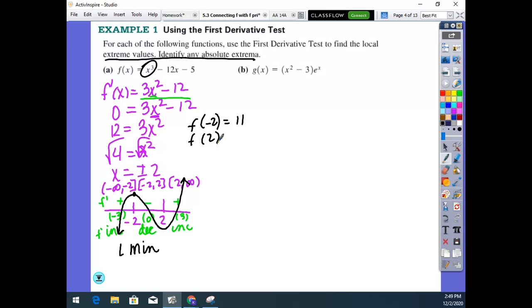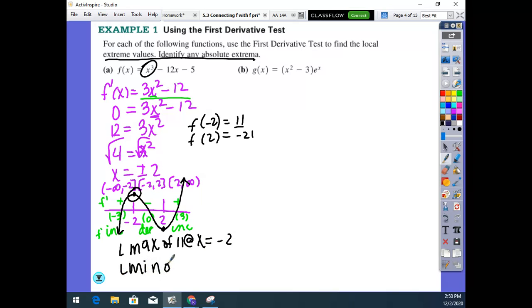And if I plug +2 in, I'm going to get -21. So this is my local, oh, sorry, this is a local max. Let's go in order. Sorry. There's a local max of 11 at x equals -2. Down here is a local min of -21 at x equals 2.